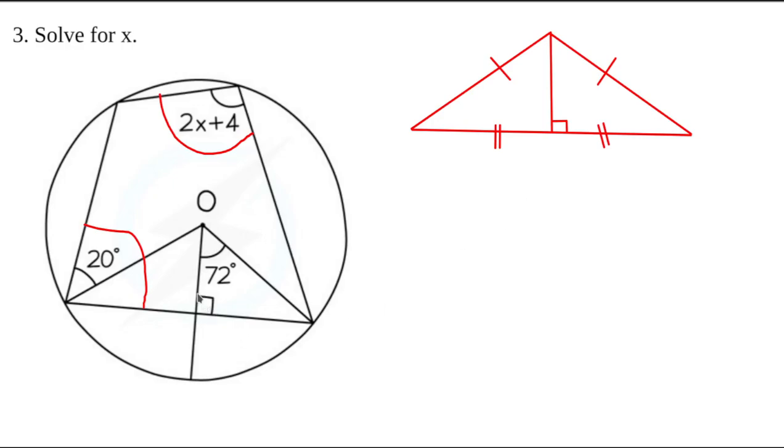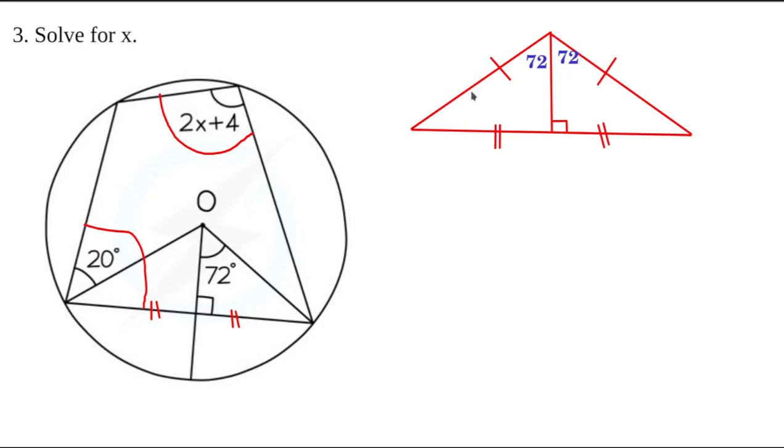Since they've told us that this line, from the center to the chord, is perpendicular, it must actually bisect the chord, which in turn gives us two congruent triangles. Which simply tells us that here we have 72 degrees and on this side we have 72 degrees.